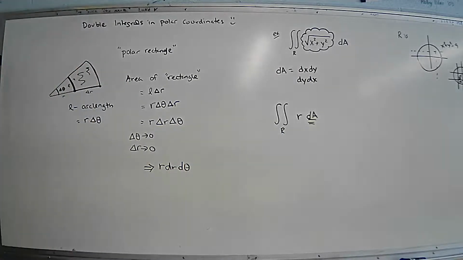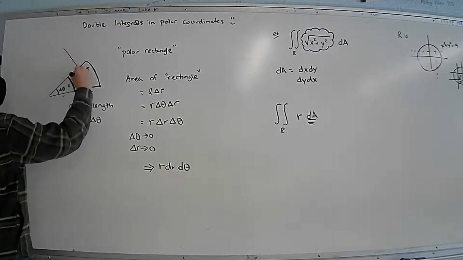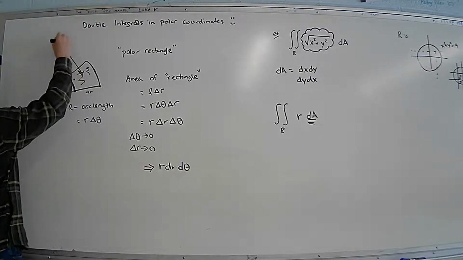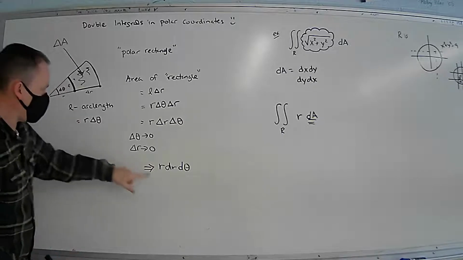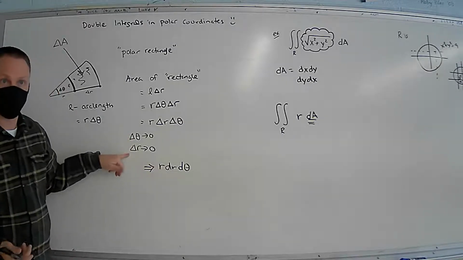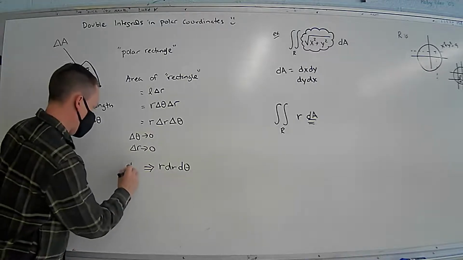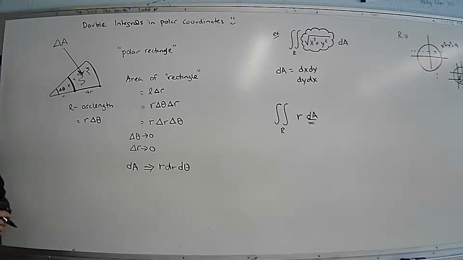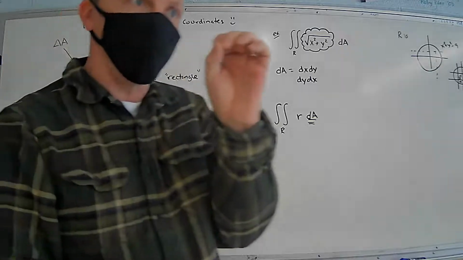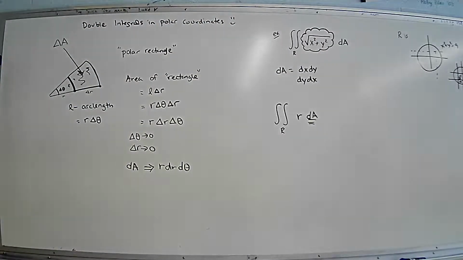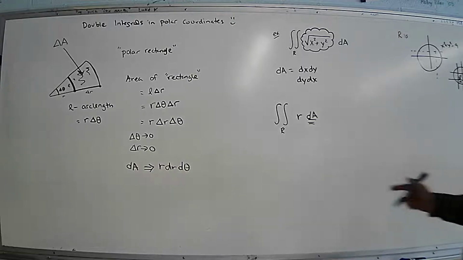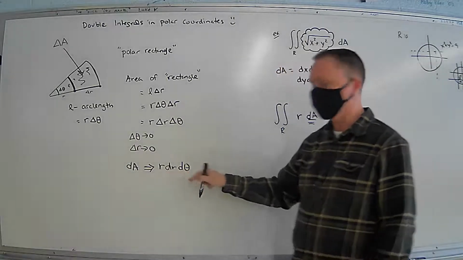So a piece of area, if I call that delta A, after you make delta theta and delta R go to 0, like we kind of do in theory, this becomes dA. So dA in polar coordinates, the infinitely small piece of area that you're going to add, dA actually equals R dr d theta.